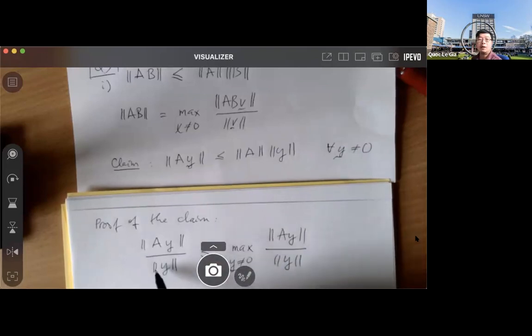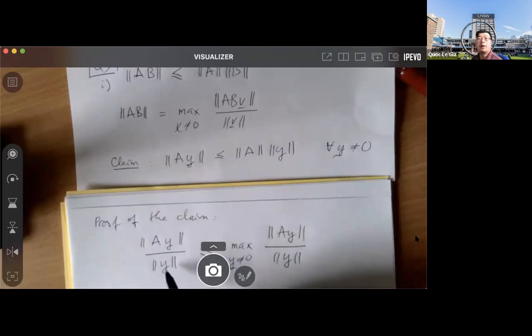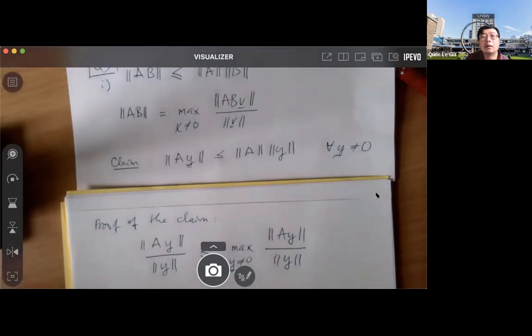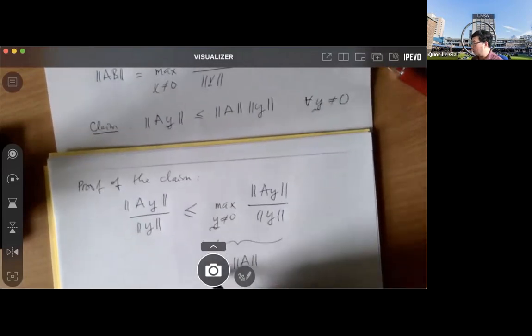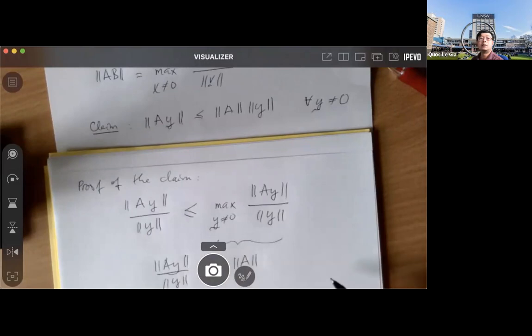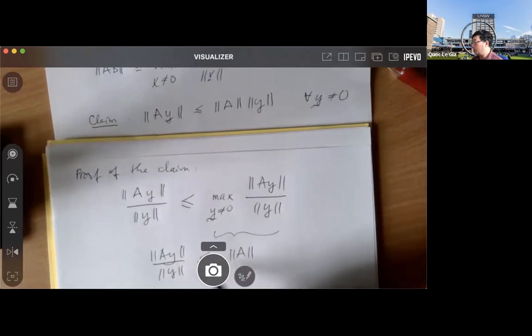This is a fixed vector Y, but if you take the maximum over all possibilities, then this ratio is definitely less than this. You take one element in the population, so it will be less than the max over the population. And what is this? This is nothing but the norm of A, by the definition. So you have the norm of AY over the norm of Y less than or equal to this, and then you cross multiply and you get exactly what you want.